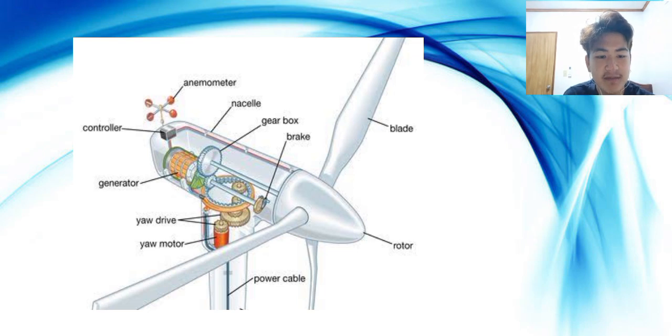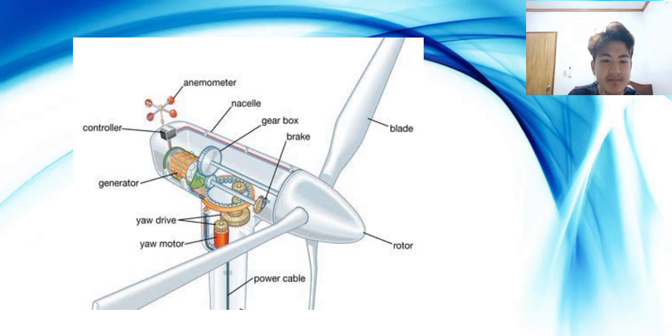Sa bandang likod naman ay ang controller, anemometer, at ang wind vane. Tapos yung brake, yaw drive, at yaw motor, at syempre ang tower.